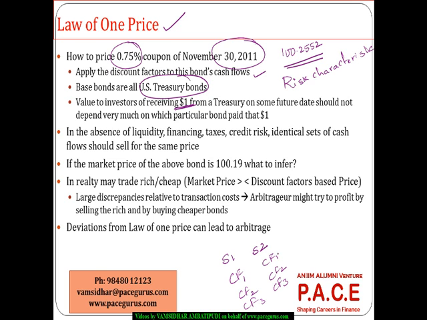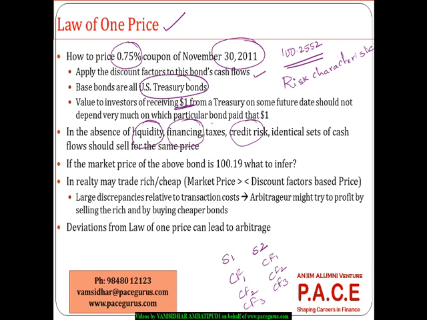Let's say we have two different securities which are giving the same cash flow in the future. Assuming that there is no liquidity issue, both can be bought and sold, there is a market for both of them quite heavily, no issue with respect to liquidity, no issue with respect to financing. I can raise capital to buy any volume of both the securities.